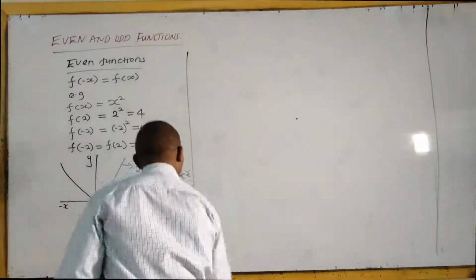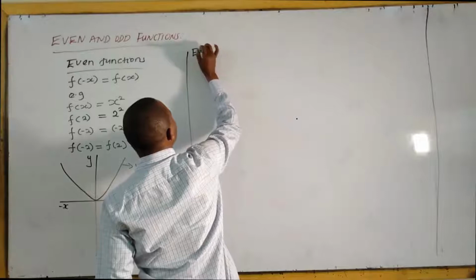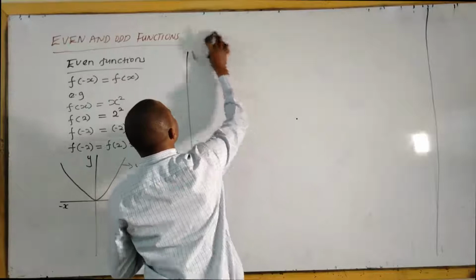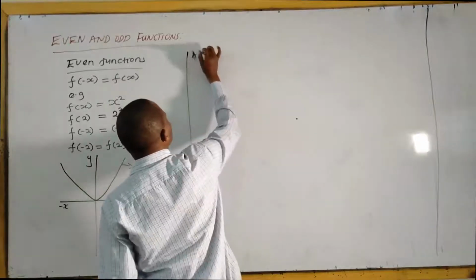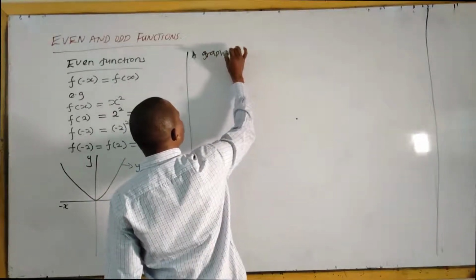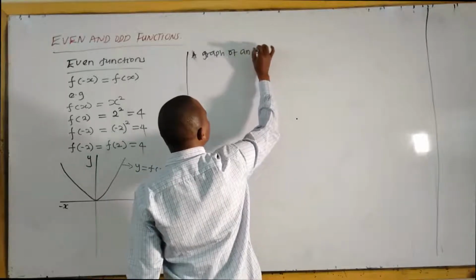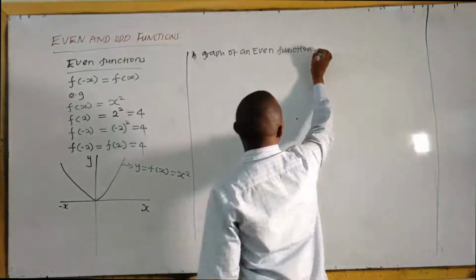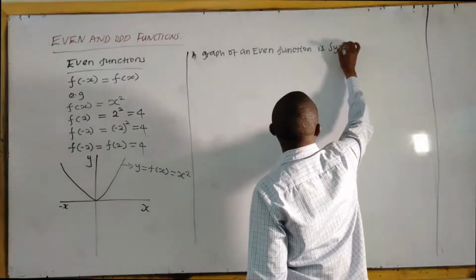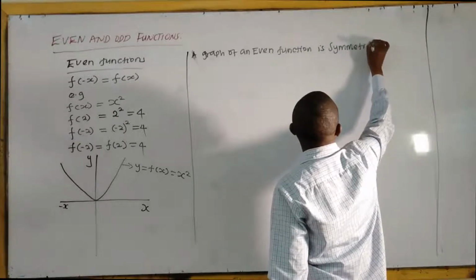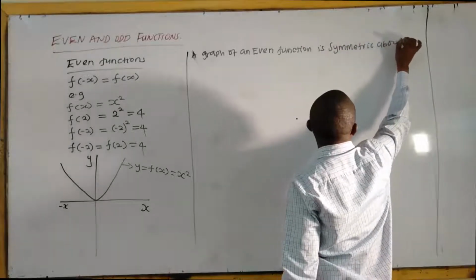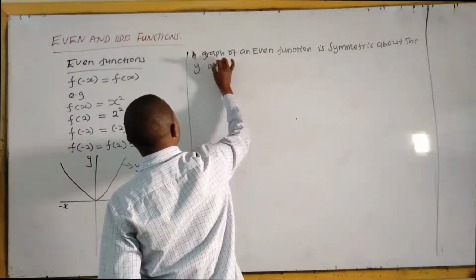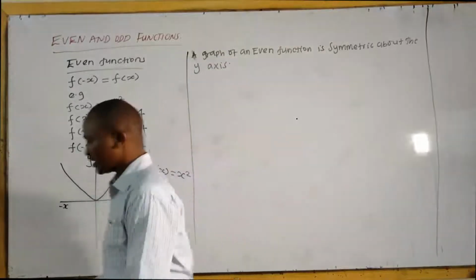You can say the graph of an even function is symmetric about the y-axis.